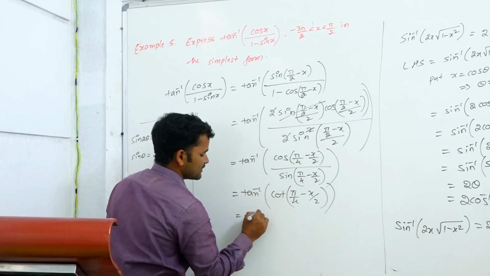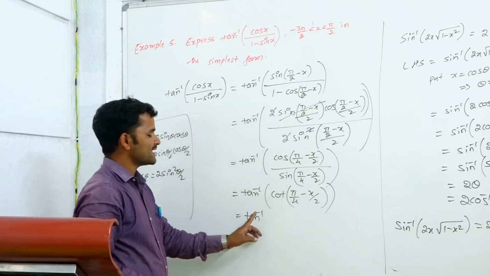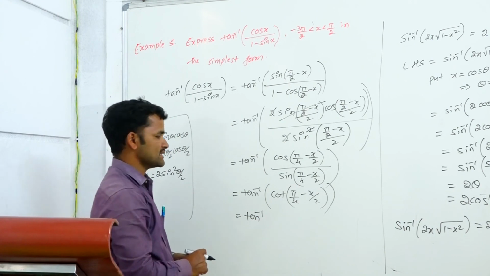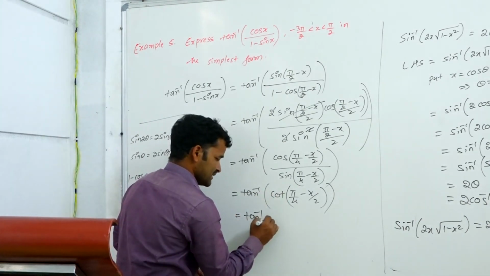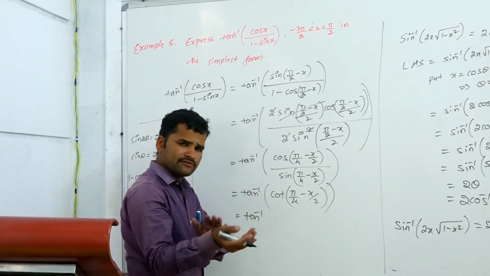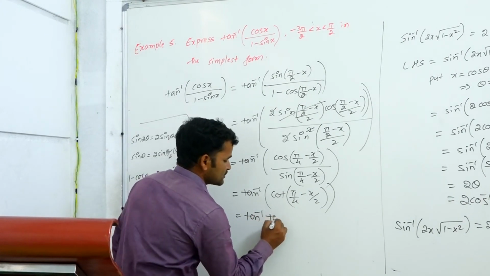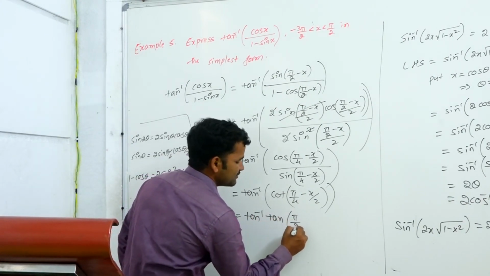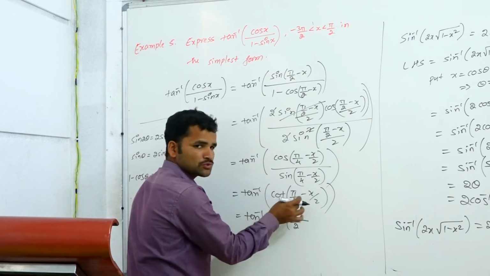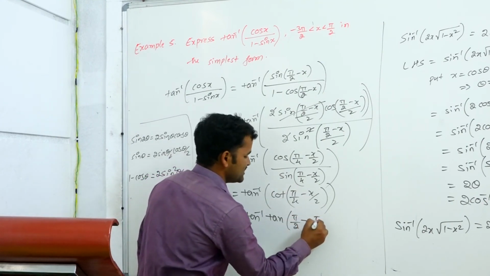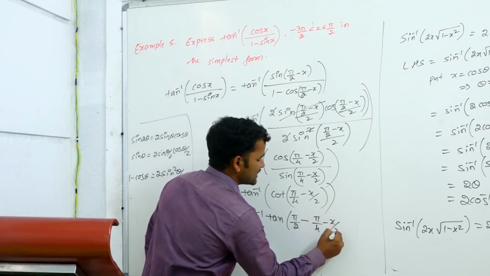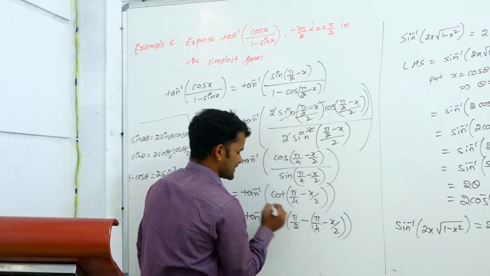Tan inverse of, if we have tan here, tan and tan inverse we can cancel. Hence I will write this cot as tan of 90 minus theta. So this is tan of pi by 2 minus theta, means this whole thing, pi by 4 minus x by 2. This should be kept inside the bracket.